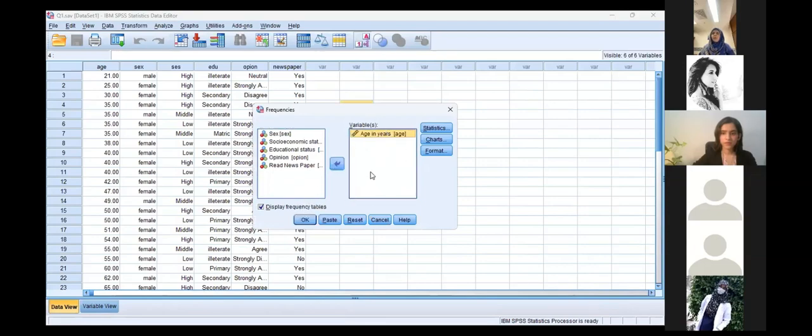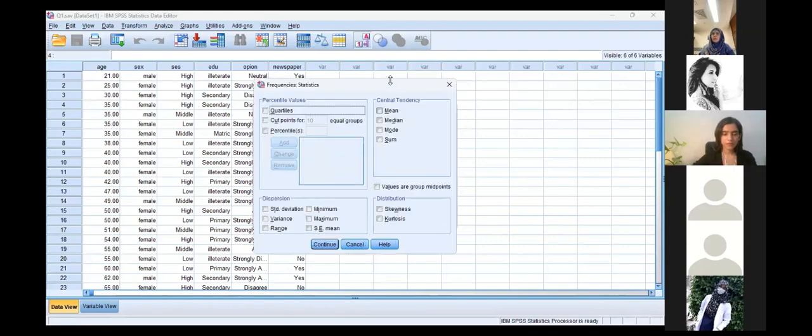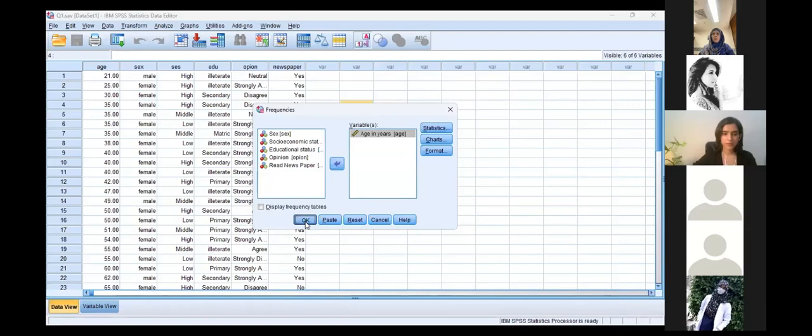Because this is quantitative data, you will not report any frequency tables. You just go straight to Statistics. Over here you can see the options: central tendency, where what you're interested in at this point is mean, and dispersion, where you're interested in standard deviation, right? So you click Continue and then OK, right?